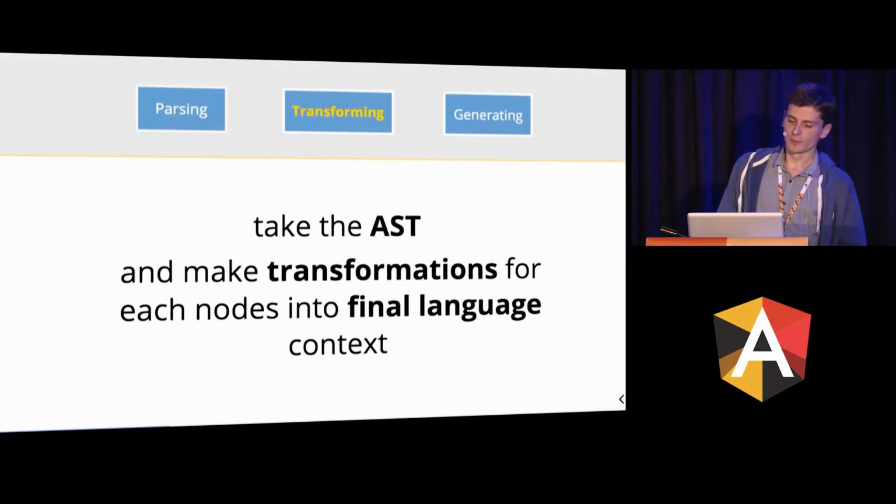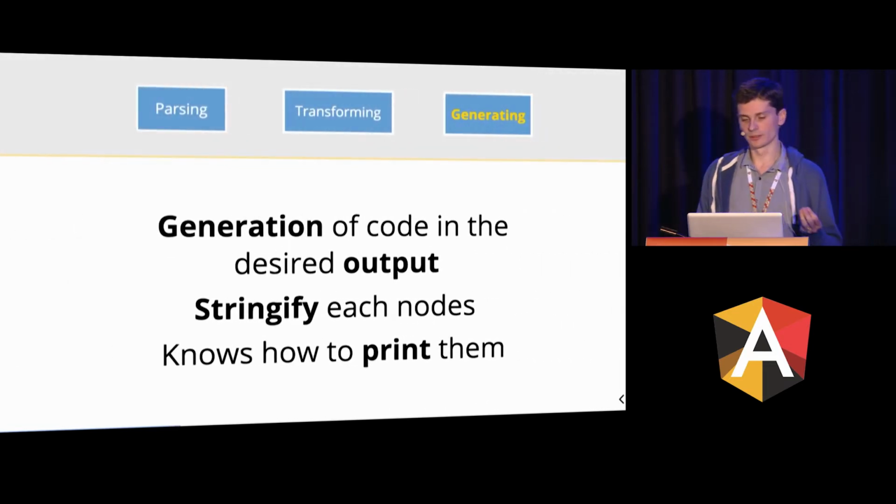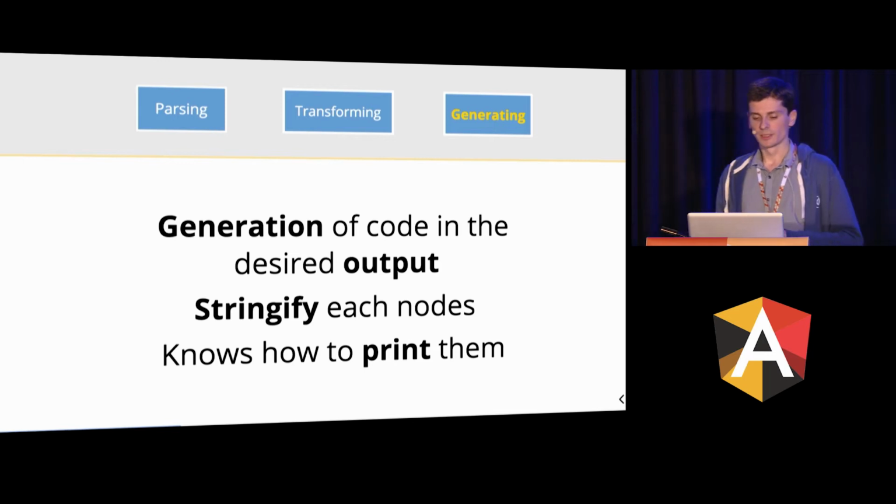After that, the transforming part will take this AST and make transformations around all the nodes in it, preparing things for the final language you are targeting, for example TypeScript, and adding, as we will see, symbols and extra information. The last part is the output of the code in the desired language, for example ECMAScript 5 or another target.